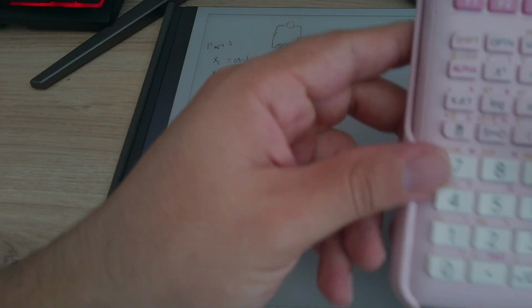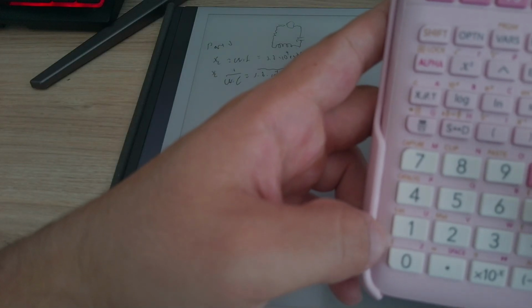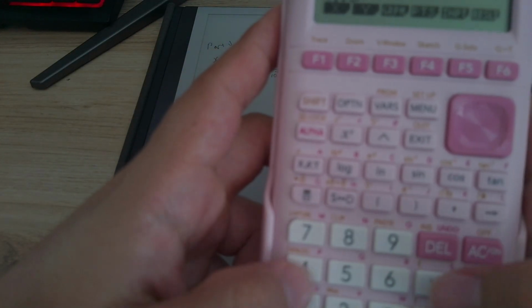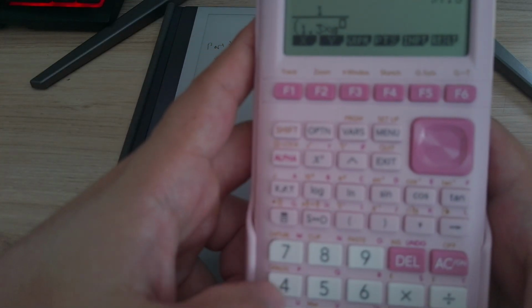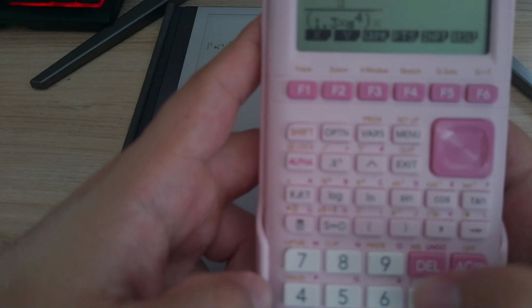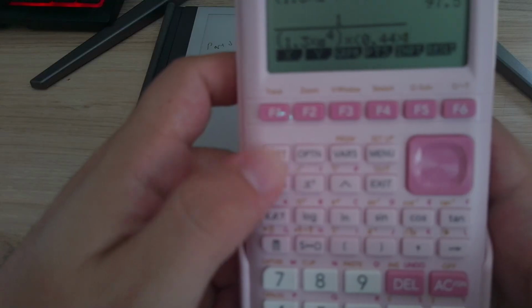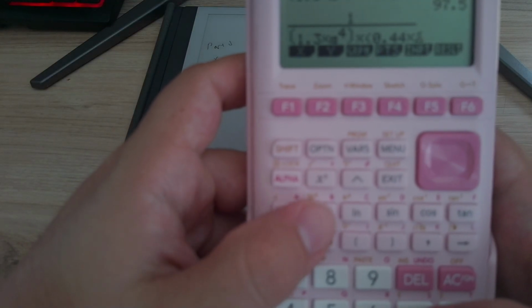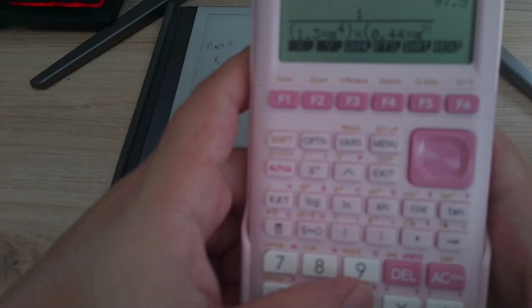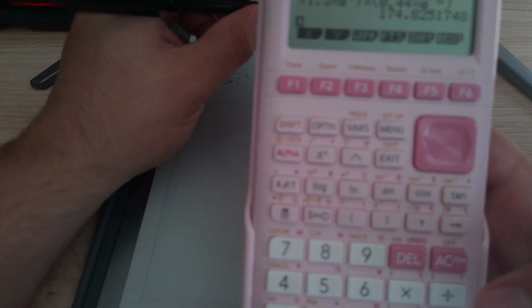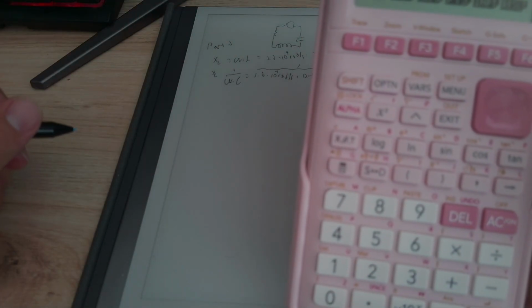So we do 1 over 1.3 times 10, make sure it's in parentheses here, to the 4th times 0.44 times 10 to the negative 6. That will give us 174.8. Let's do 175 ohms.